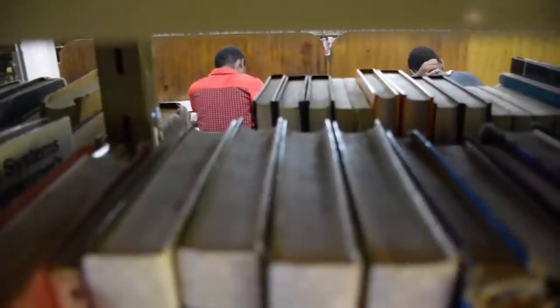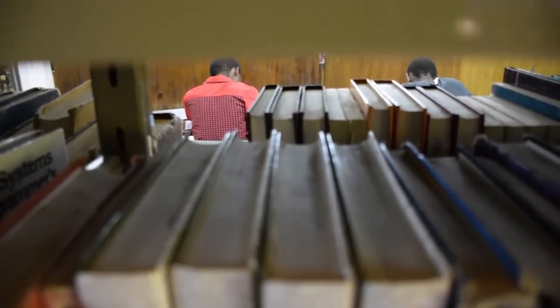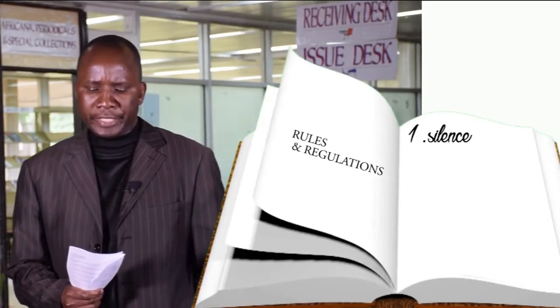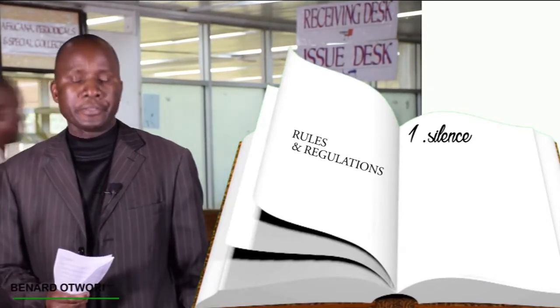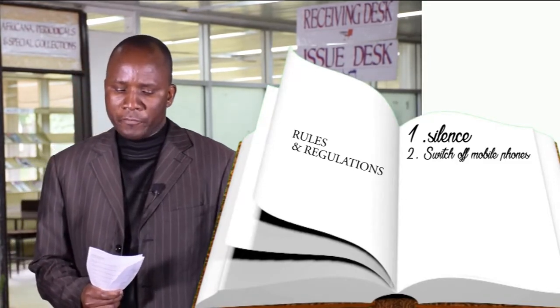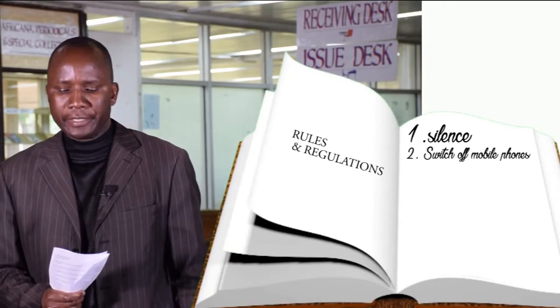Let us get a highlight of the library rules and regulations in order to create a conducive environment to the users. Number 1, silence shall be strictly observed in the library. Secondly, mobile phones must be switched off while in the library.